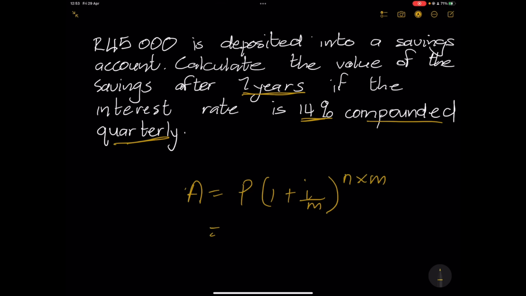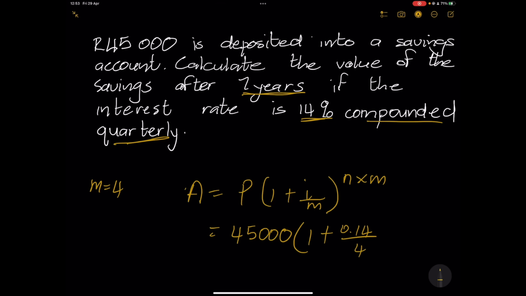So we know our principal amount would be 45,000, and that would be 1 plus. Now our interest rate, once again, would be 14%, as we said, you're going to say 14 divided by 100, that would be 0.14. But remember, we divide because our m value is 4 in this case.